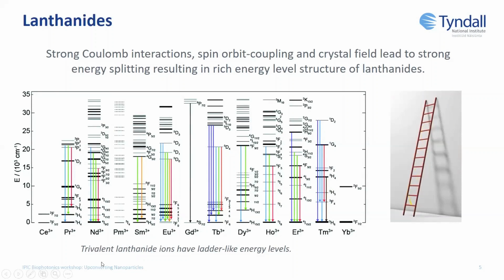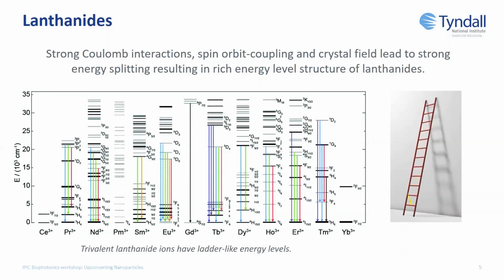And that's why you can see in the image at the bottom of the slide, the energy levels for various lanthanide ions. And you can see that they create this kind of ladder-like structure. So this gives the opportunity for electrons to hop from one level to another, to a higher and higher level, providing that there's absorption of energy from an incoming photon.